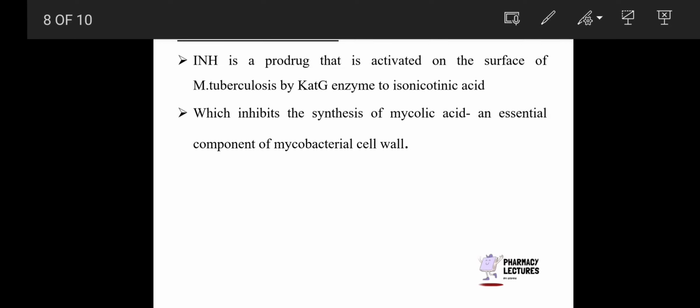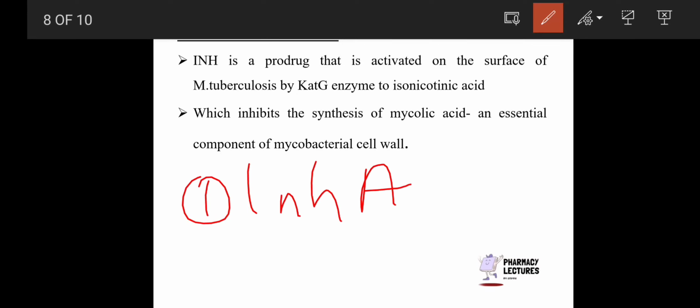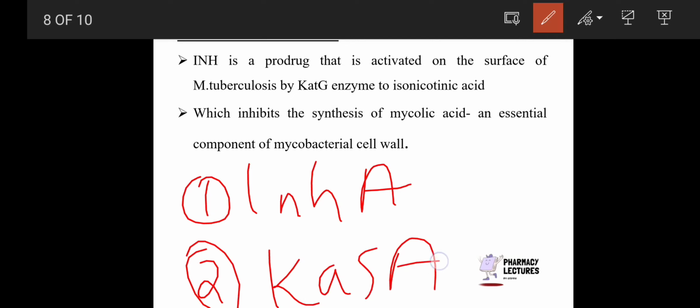The targeted enzymes are, first one is enoyl acyl carrier protein reductase, that is InhA, and the second one is beta-ketoacyl ACP synthase, that is KasA. These are the two targeted enzymes for isoniazid.